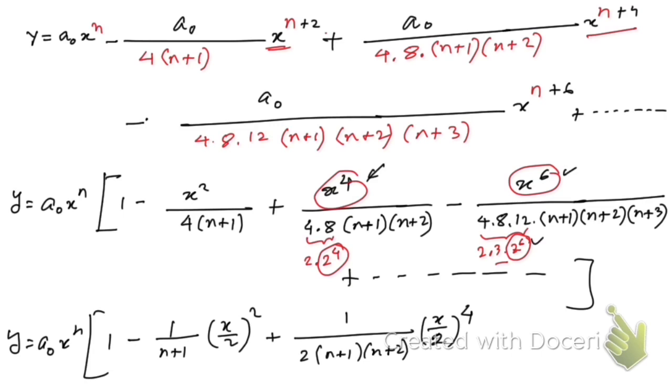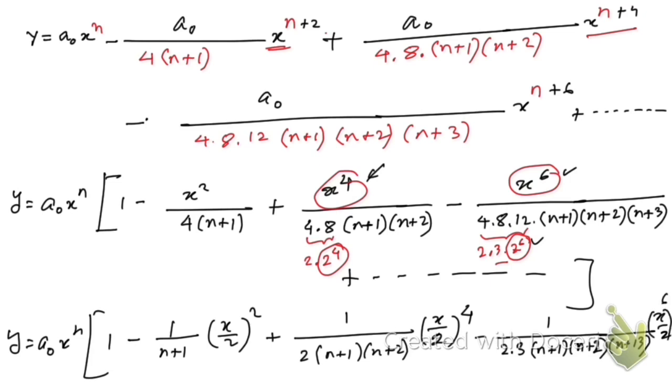Similarly here also what we can do, minus 1 by, let me write it properly, 1 by 2 into 3 into n plus 1, n plus 2, into n plus 3, and x by 2 whole to the power 6, right?